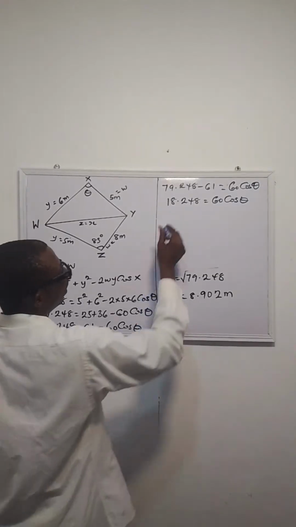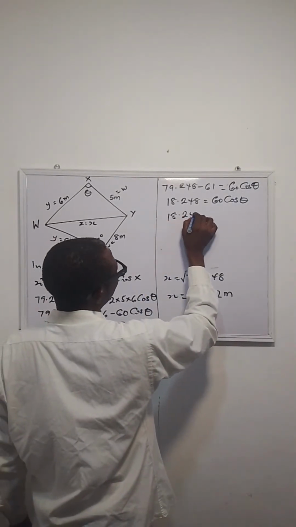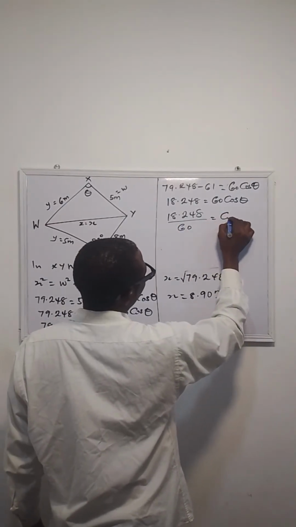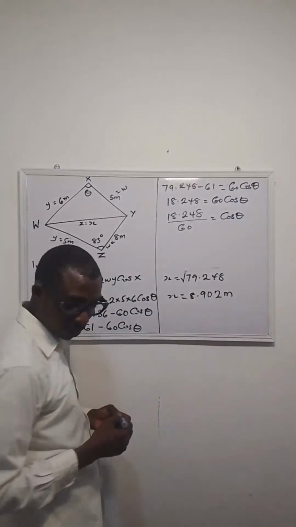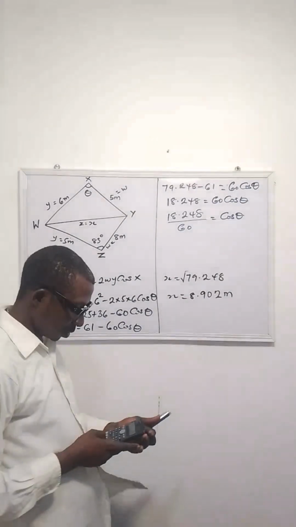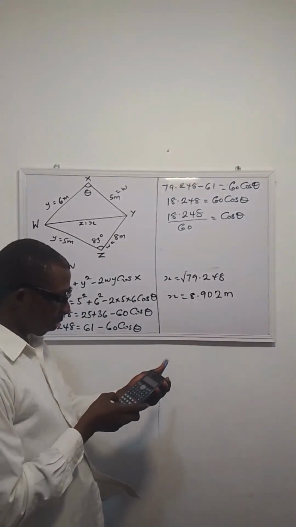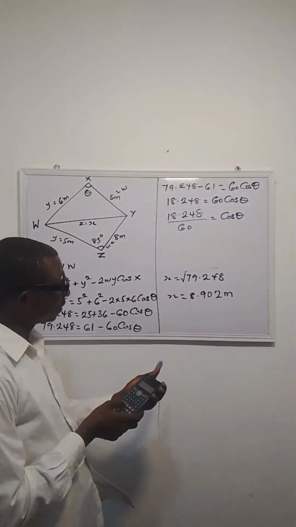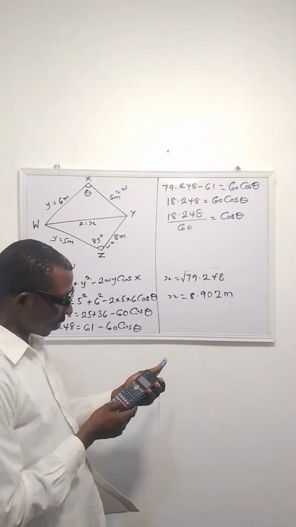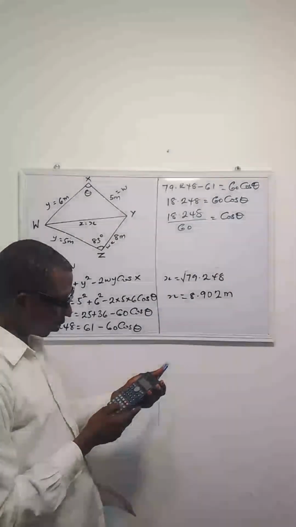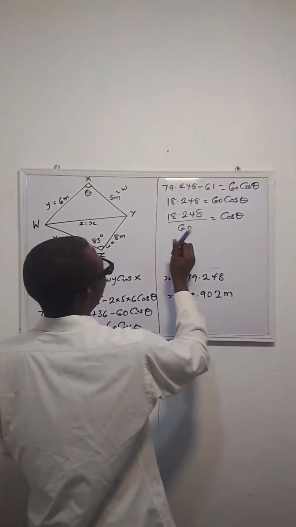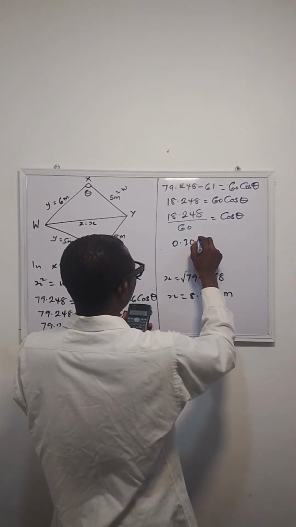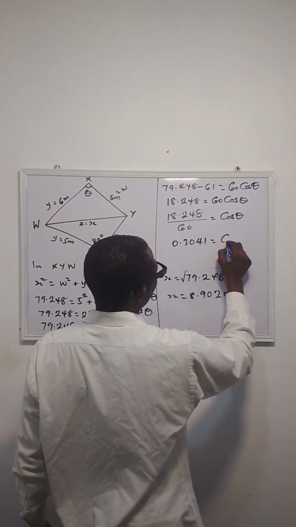So when you do that, you have 18.248 over 60, that gives you cos theta. So when you divide, you have 0.3041 equals cos theta.